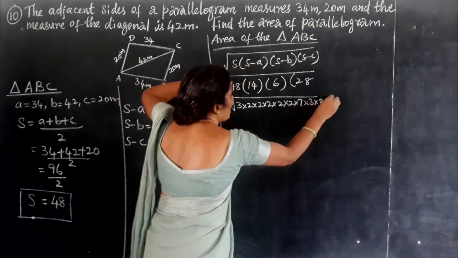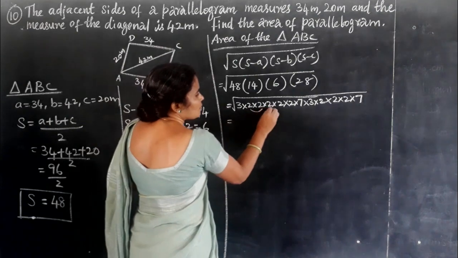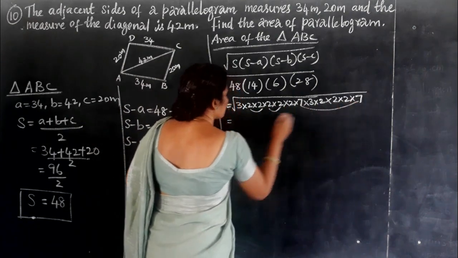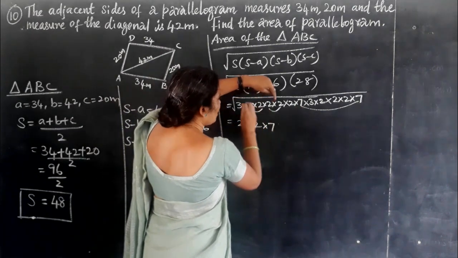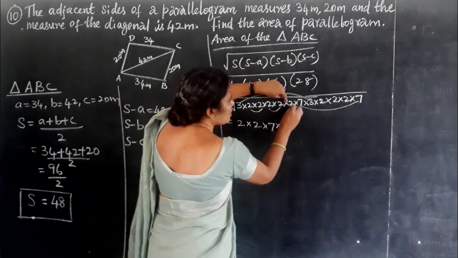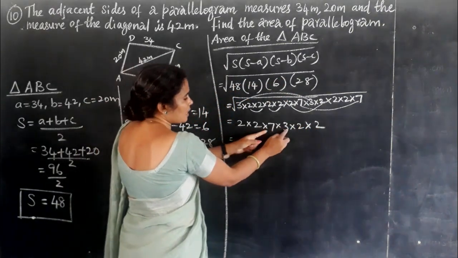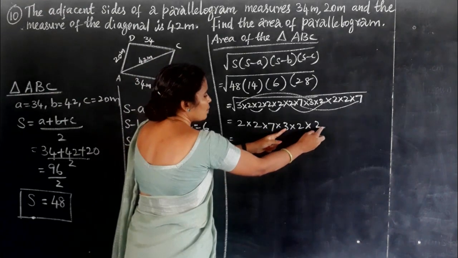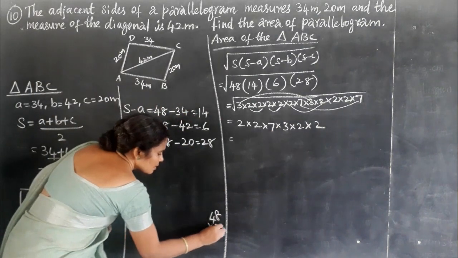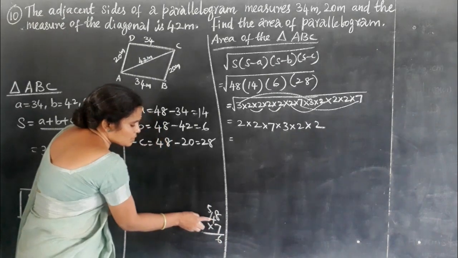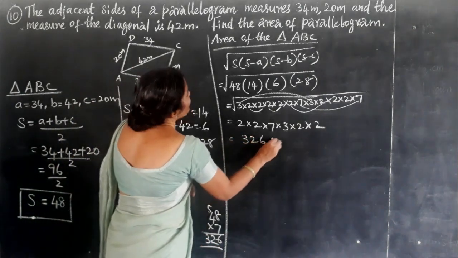So 48 into 7: 8 sevens are 56, remaining 5, 7 fours are 28, plus 5, 33. So 336 square meter.